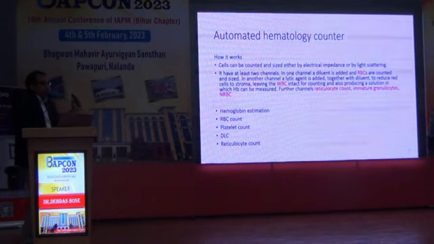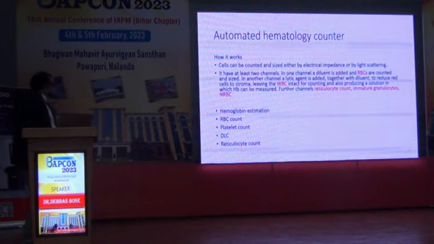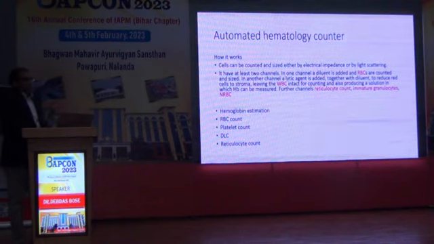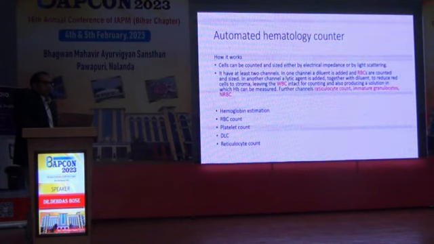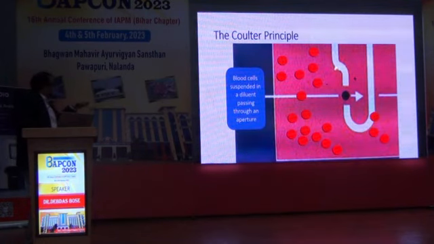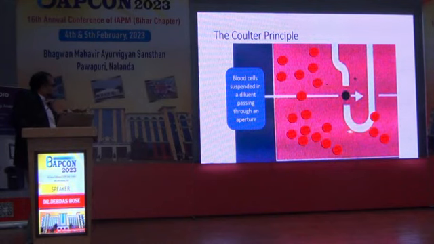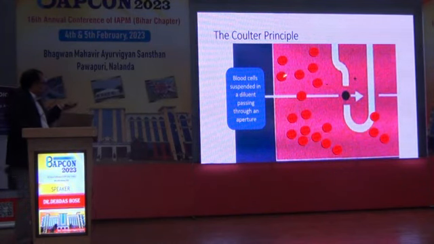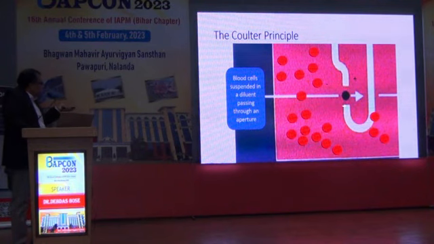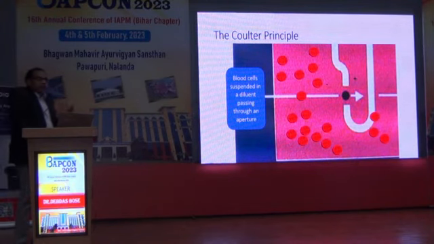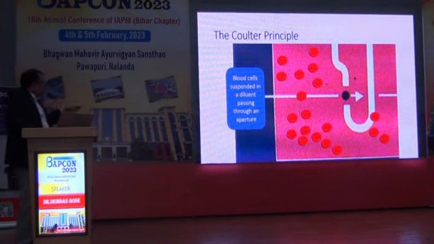It counts by two different methods. In the automated counter there is one channel, and all the cells come through this pore, and two electrodes are placed, one inside this channel and one outside this channel. Cells are usually not conducting electricity.